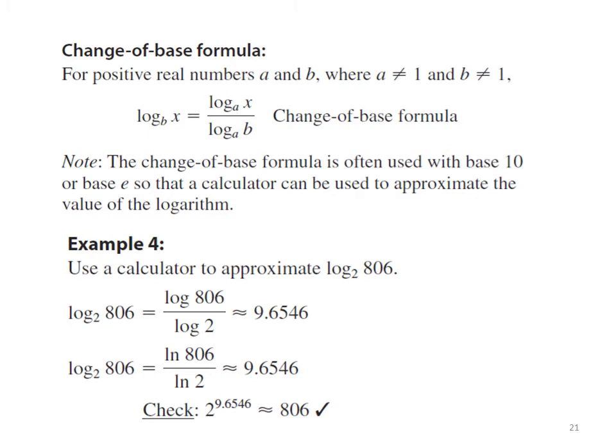For example, you evaluated log 806 in both ways to the base 2 to equal approximately 9.6546. That means if I raise 2 to this power, I should get the number 806 or something very close to it. If 2 raised to the power 9.6546 is equal to 806.